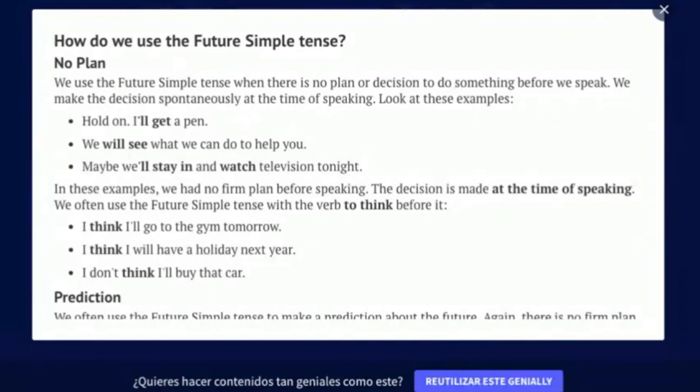¿Ok? En todos estos ejemplos no había ningún plan antes de tomar estas decisiones, es decir, fueron decisiones que se tomaron al momento de estar hablando, en ese preciso momento. Por lo general, cuando hagamos estas cosas, podemos utilizar el verbo think, pensar, antes del futuro.